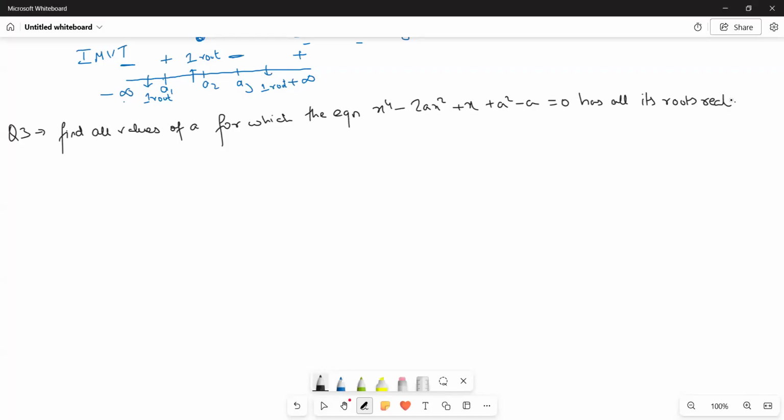Find the range of values of a for which this biquadratic will have 4 real roots.